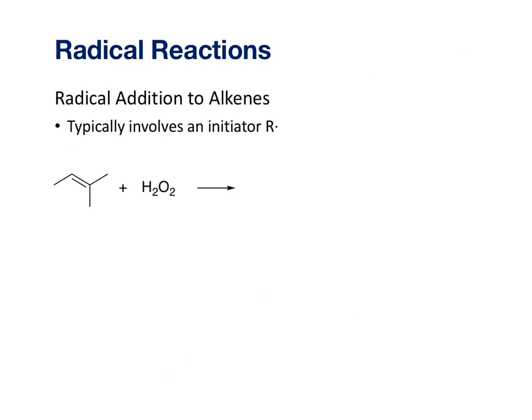Another radical process that is quite common is addition to alkenes. And this often leads to polymerization reactions. So this involves a radical initiator. And a common initiator is hydrogen peroxide. So what basically happens here, here's peroxide.